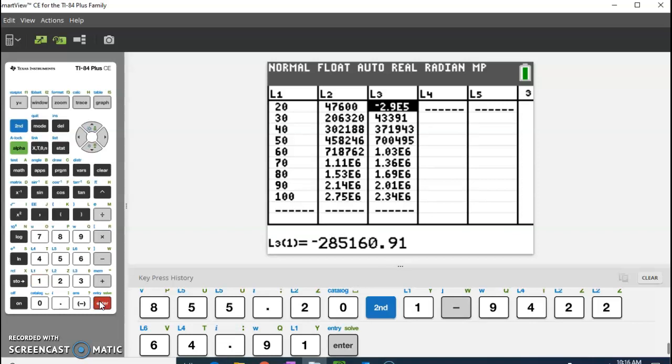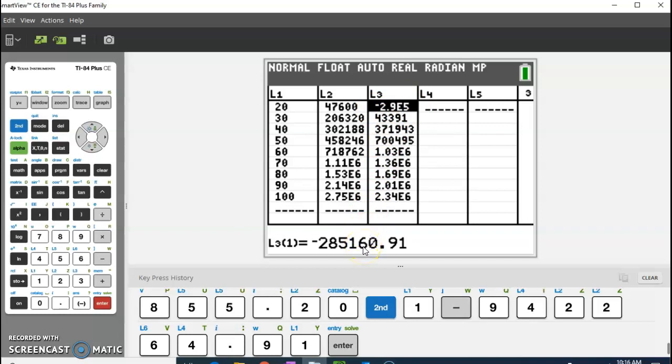Then when I go to write these values in on my table, I'm not going to write E5. If you write E5, I will not give you credit for it. That means you don't understand what this means. This right here is an abbreviation. It means negative 2.9 times 10 to the fifth. The actual number is written right here.